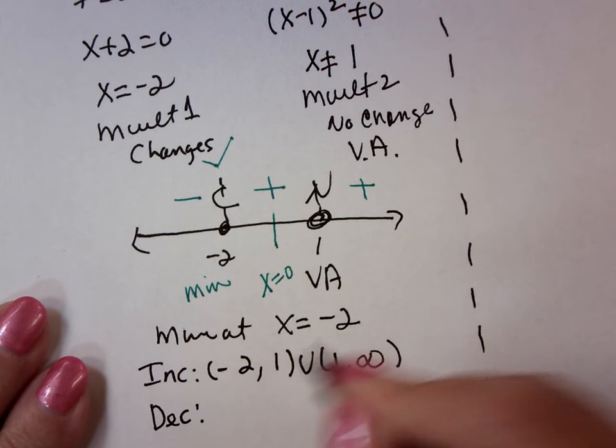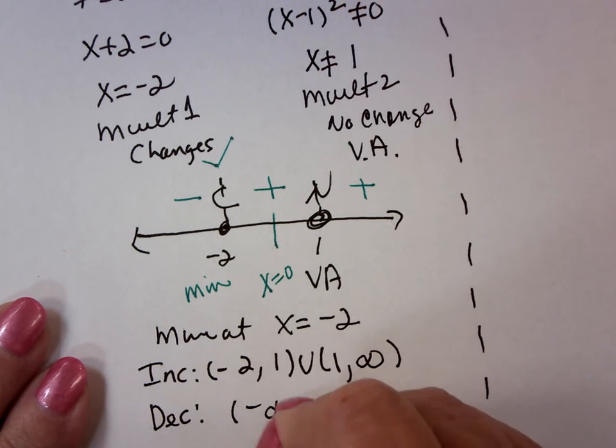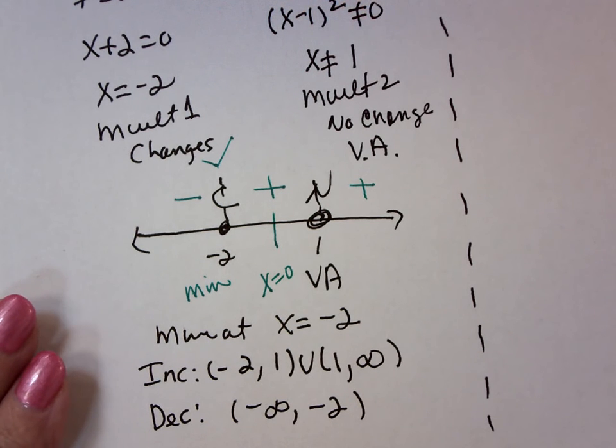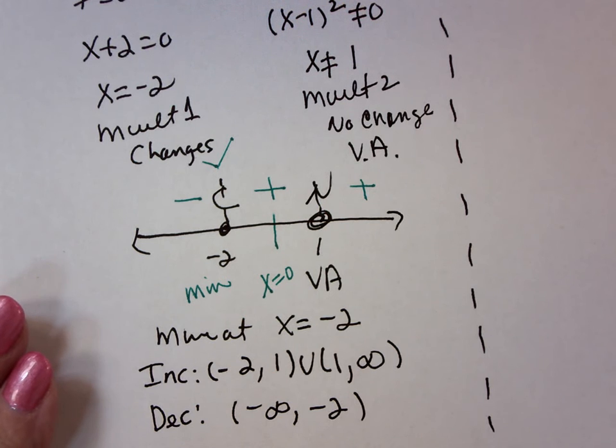Decreasing from minus infinity to negative 2. And of course, increasing and decreasing doesn't include the critical number. So I think we've answered that question.